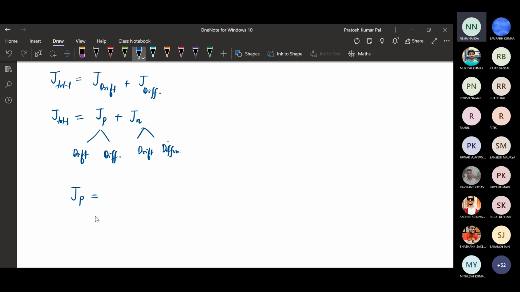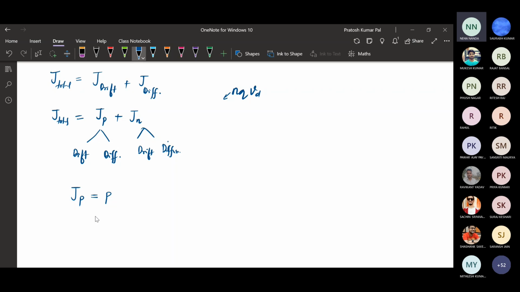Okay, so Jp in case of drift, because of the holes, the formula was nqvd. This n was the case when only electrons are there. Now the holes are also there, so we need to find out holes and electrons both. So for drift in case of the holes, instead of n we will write p, because we are talking about the holes.